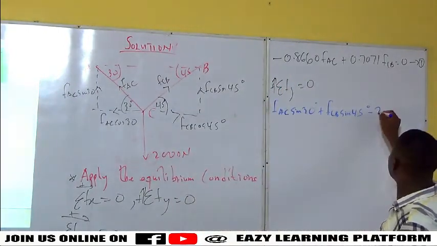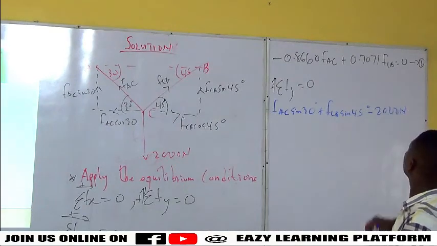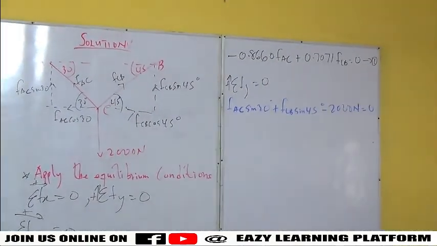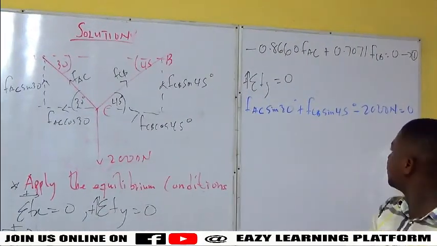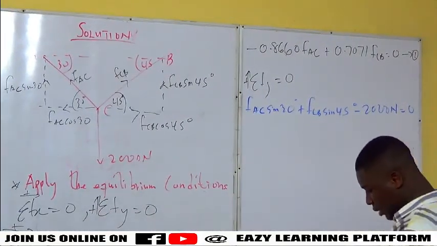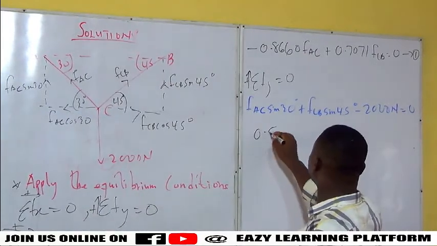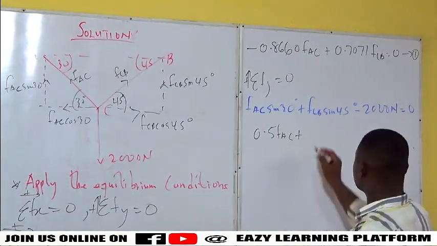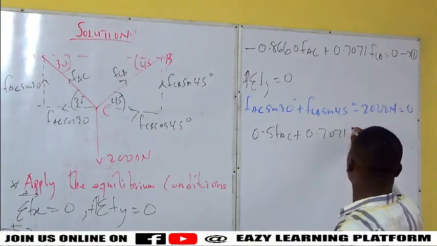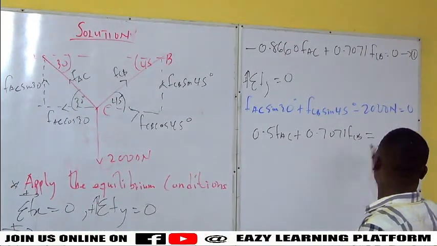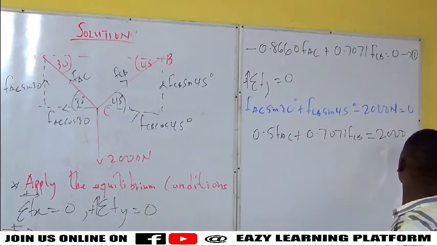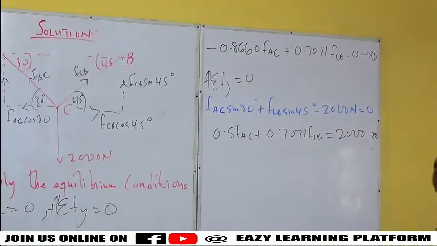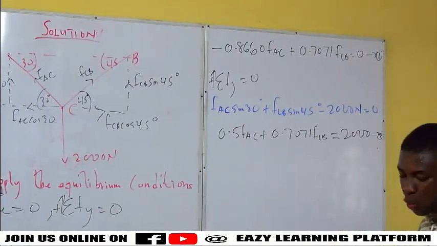It becomes negative 2000 Newton. Should be equal to what? 0. So what is sine 30? We have 0.5 FAC plus 0.7071 FCB should be equal to 2000, equation 2.